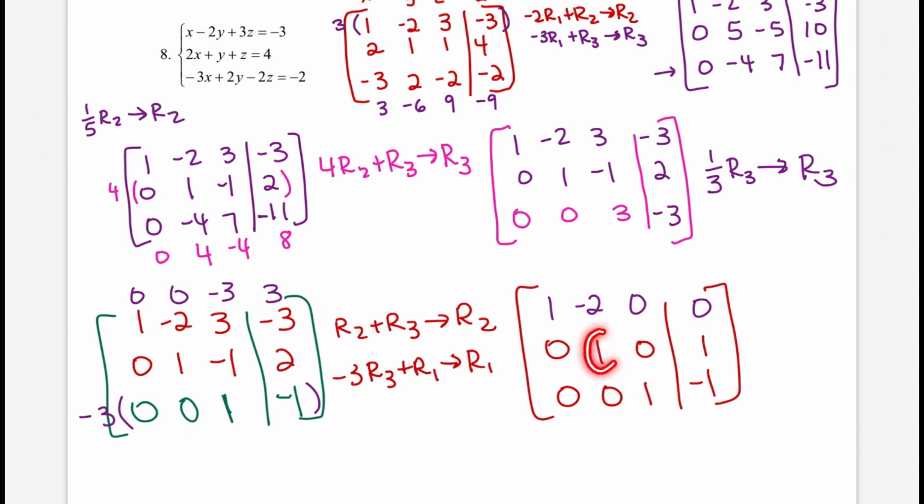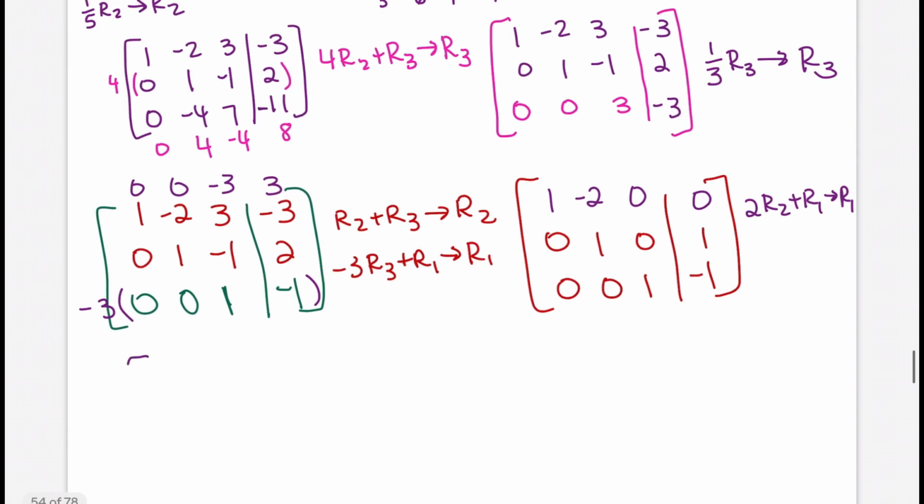Okay, now for the last step, I'm going to use this one to make a 0 in this position. So I'm going to take the second row times 2 and add it to row 1. So 2 times row 2 plus row 1 will give me my new row 1. And that will get it in reduced row echelon form.